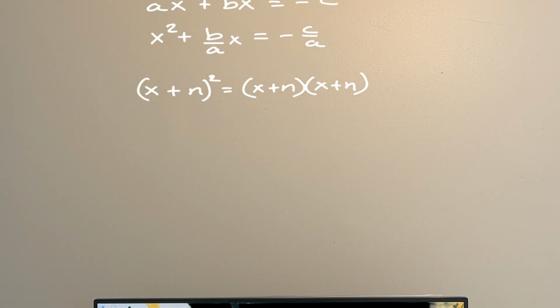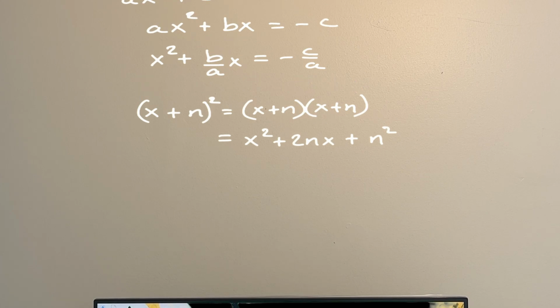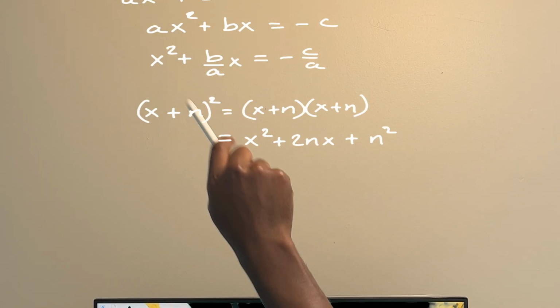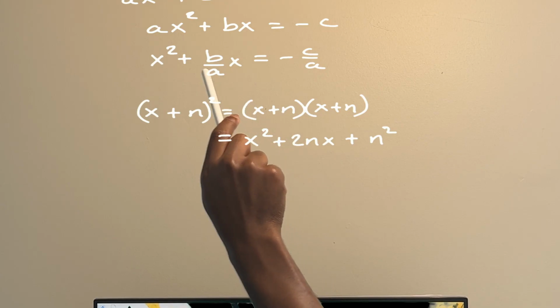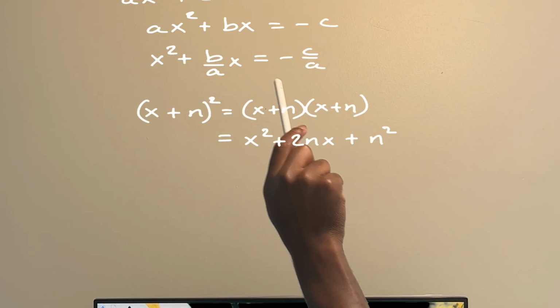If we expand this, we get x squared plus 2n times x plus n squared. We have the x squared, we have the coefficient right here, but we do not have the constant, which is n squared. How do we find n squared?